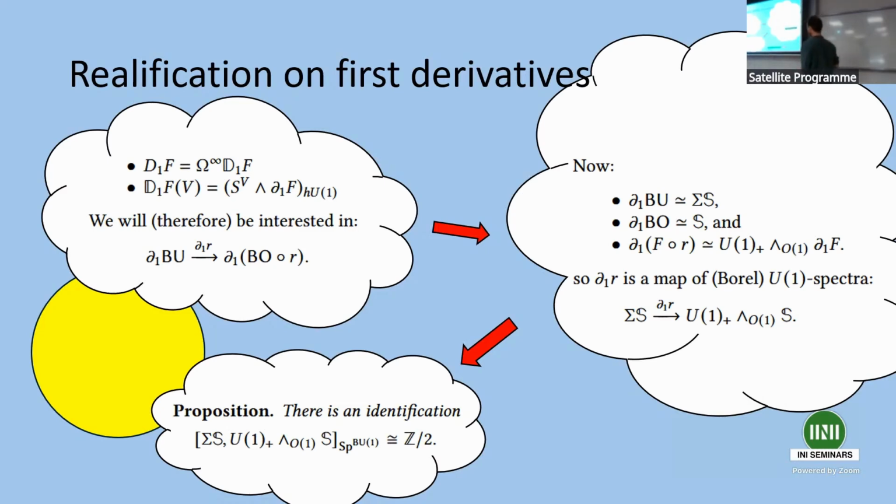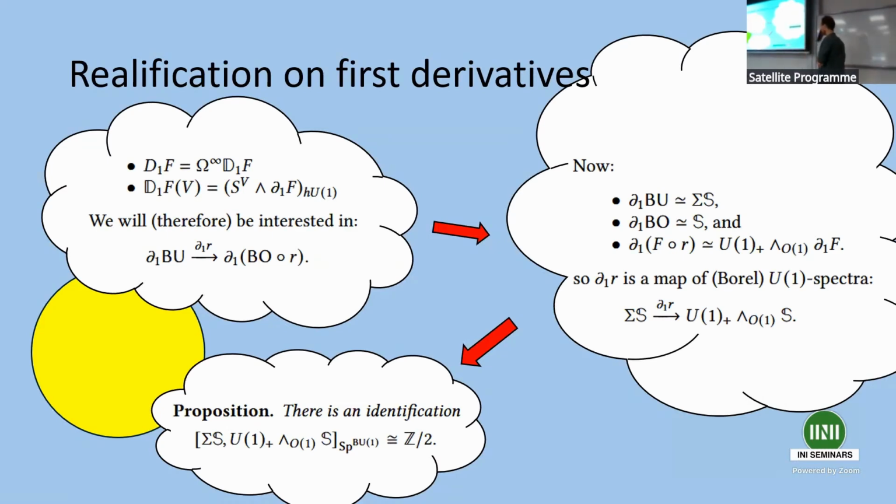So the upshot of all of this is that the map here enjoys this reformulation. Partial 1R is a map in Borel U1 spectra from this thing with the trivial action to this guy, which is induced up from the sphere spectrum with this trivial action.